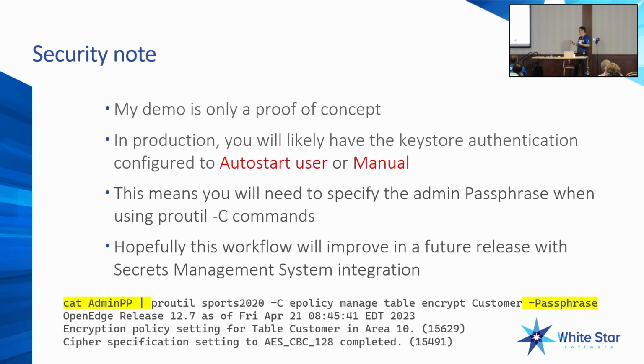Neither of these, in my opinion, is a great solution, because you're either exposing that sensitive passphrase in the file system or in a script, and in the process list for that echo command. So I don't know of a better way to do this. Maybe there is one, and hopefully this will get better in the future. As Rob Straight mentioned yesterday, there's work on integrating with secrets management systems, and hopefully we'll see that in TDE.